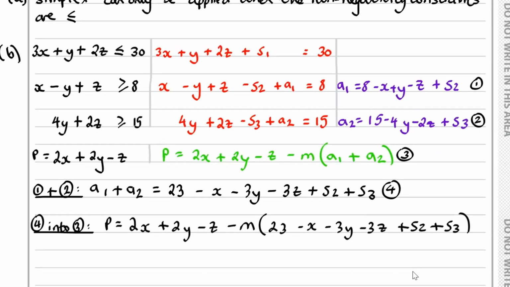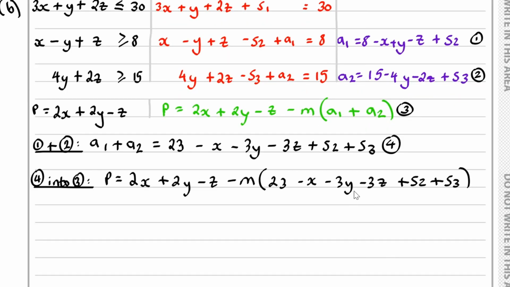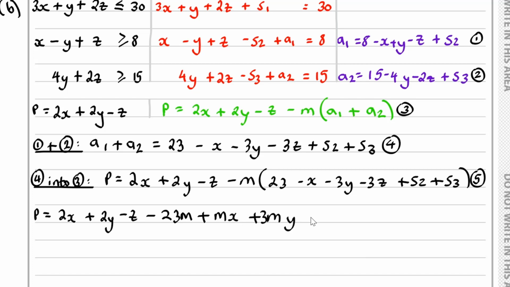And we now wish to rearrange this equation, and if we call this equation 5, if we rearrange equation 5, first of all expanding the brackets, we see that we have p equals 2x plus 2y minus z minus 23m plus mx plus 3my plus 3mz minus m s2 minus m s3.